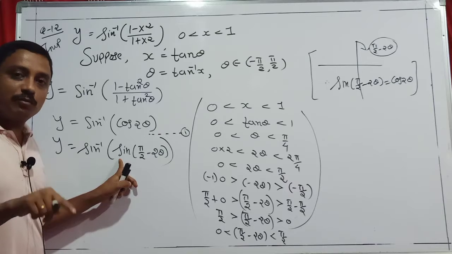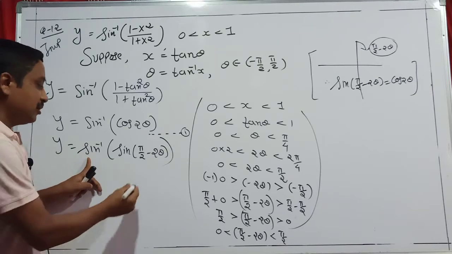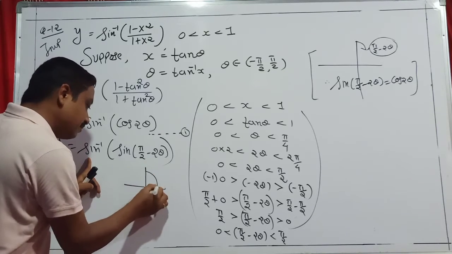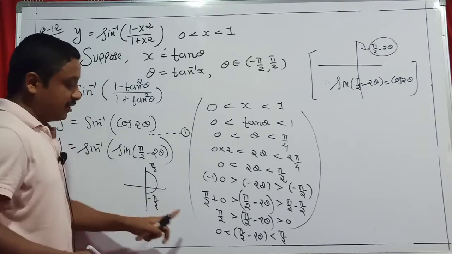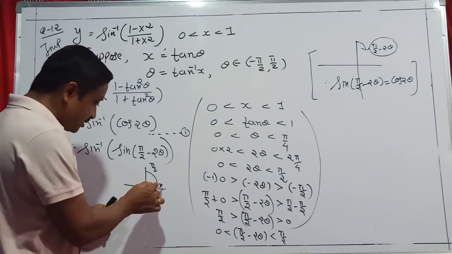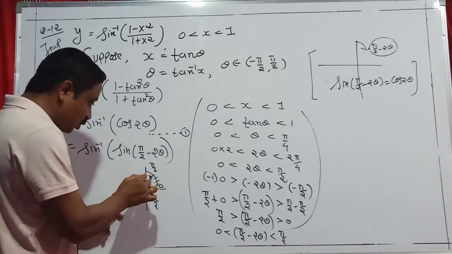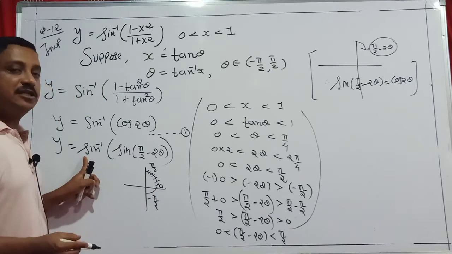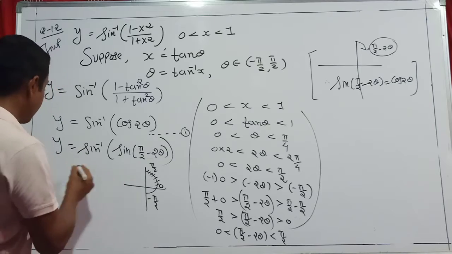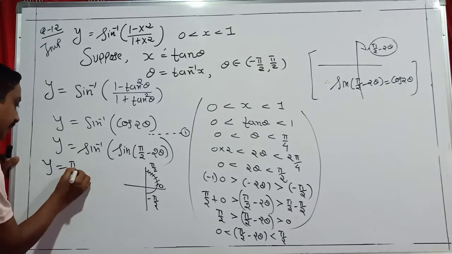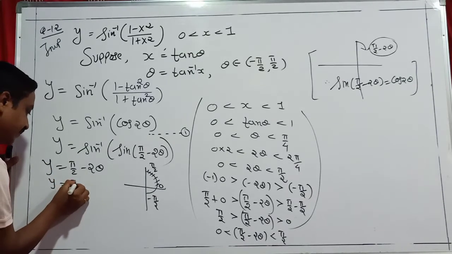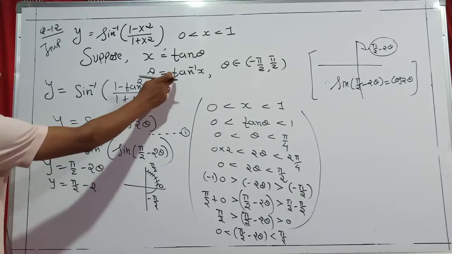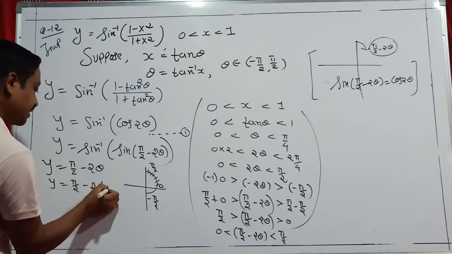Indirectly, this also belongs to the range of sine inverse. What is the range of sine inverse? Minus 90 to 90, and 0 to 90 is already covered. It means I am in this first quadrant, so belonging to this range is also valid. So my answer is only pi by 2 minus 2 theta, and theta, just put it. What is theta? Yes, tan inverse x.